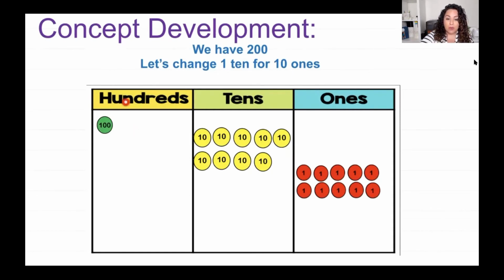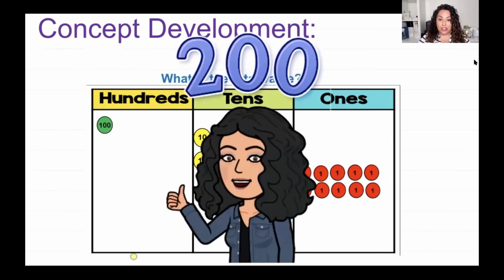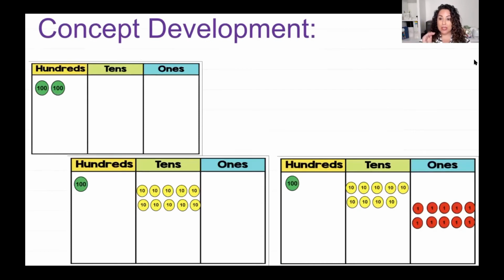Well, I have 100, 10, 20, 30, 40, 50, 60, 70, 80, 90, 91, 92, 93, 94, 95, 96, 97, 98, 99, 100. So I have 100 plus 100, so it's 200. So let's go ahead and compare all three mats.